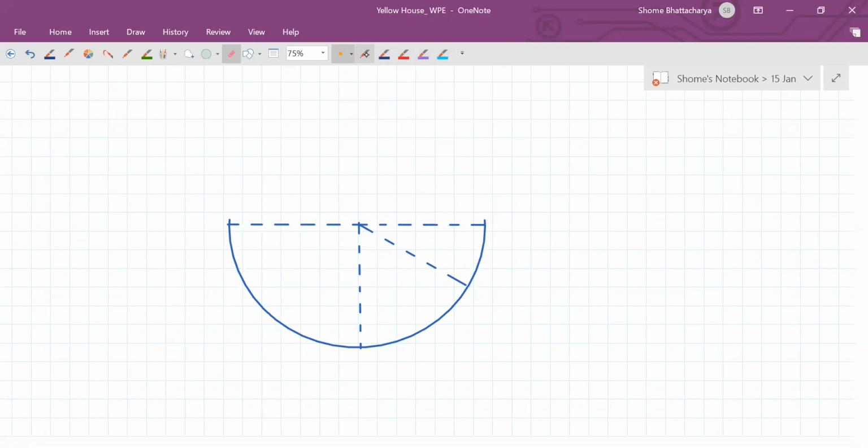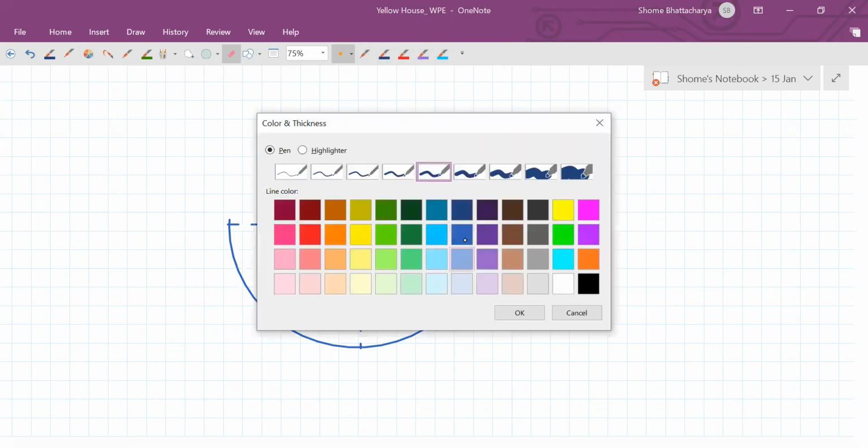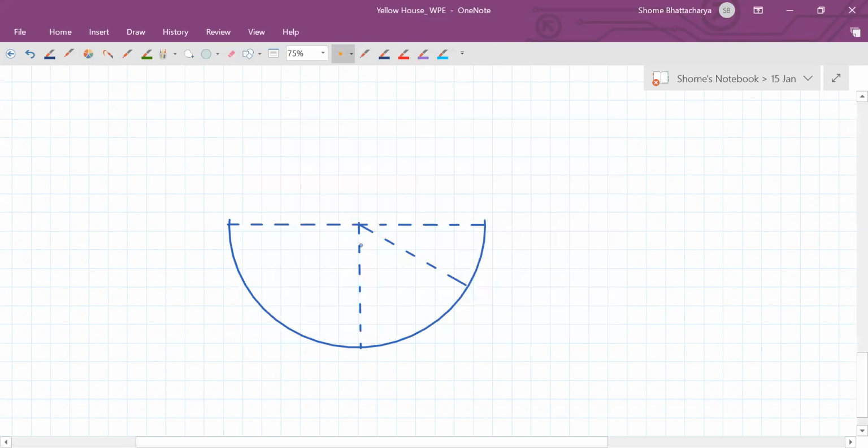Okay, so we are moving on this circular track from this point here to this point here.